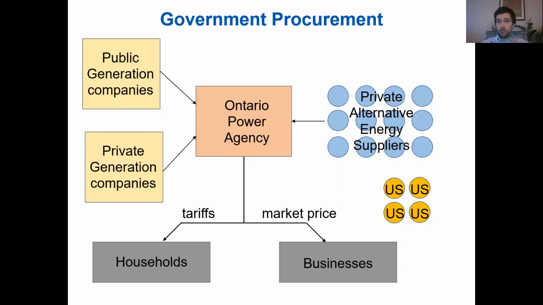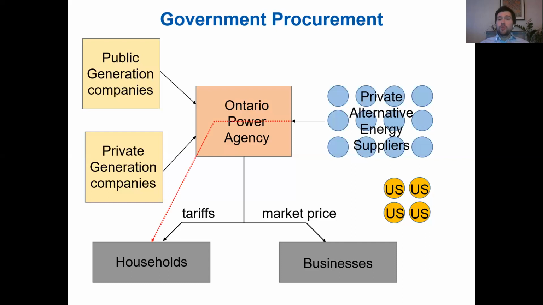So here the situation becomes very complicated purely because there is no way, at least in my scheme, to ensure that energy from these private alternative energy suppliers does not get elsewhere, but to the households at prices below market price.